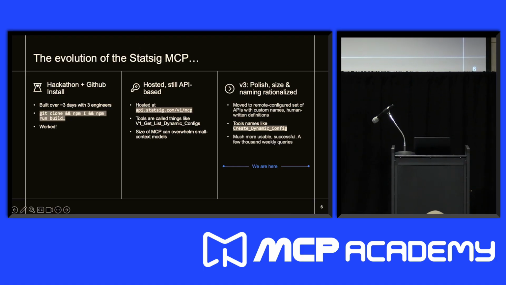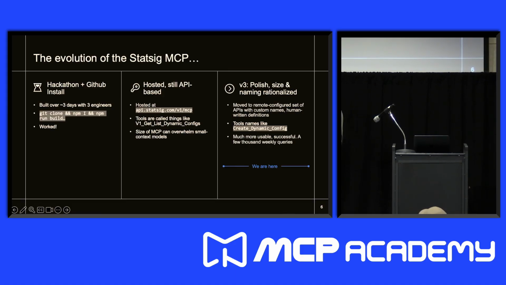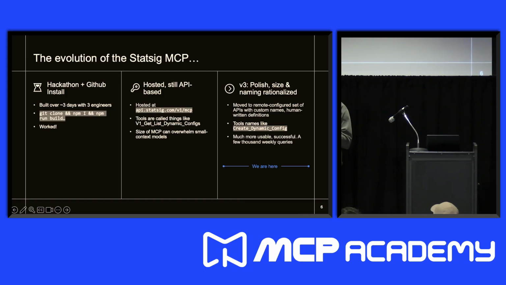Just having an MCP server where all of the tool names are like v1 get list dynamic config, essentially coming off of an API route, was an okay starting place. But when you think about LLMs and how they interpret things, they're trained on human text, right?